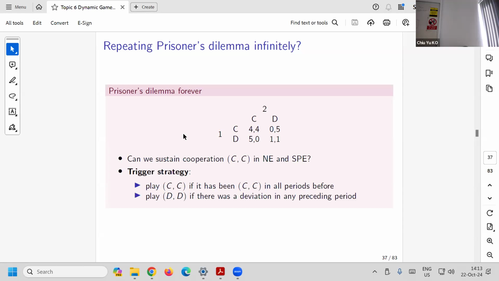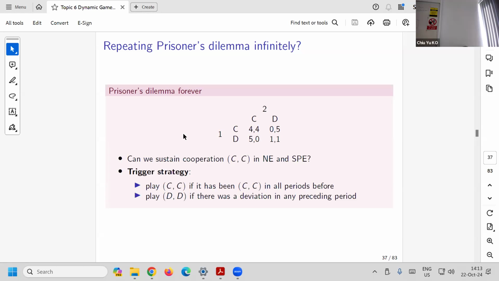That is the way that will sustain the equilibrium. Everyone chooses C, and then we will sustain 4. If you defect, you get 5 in the beginning, but then you get 1 forever.